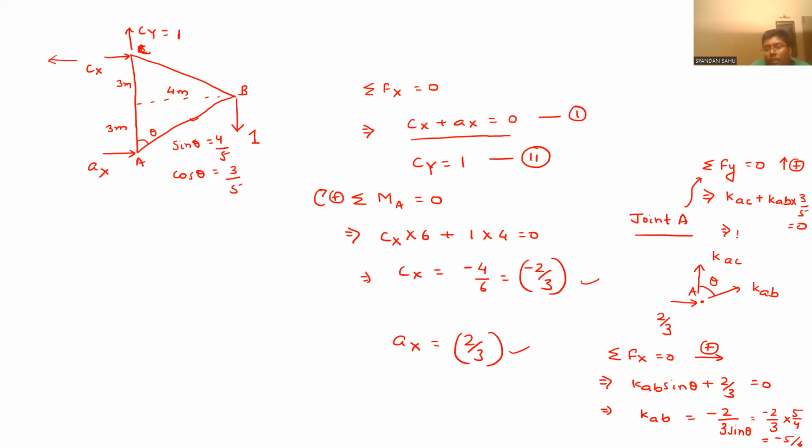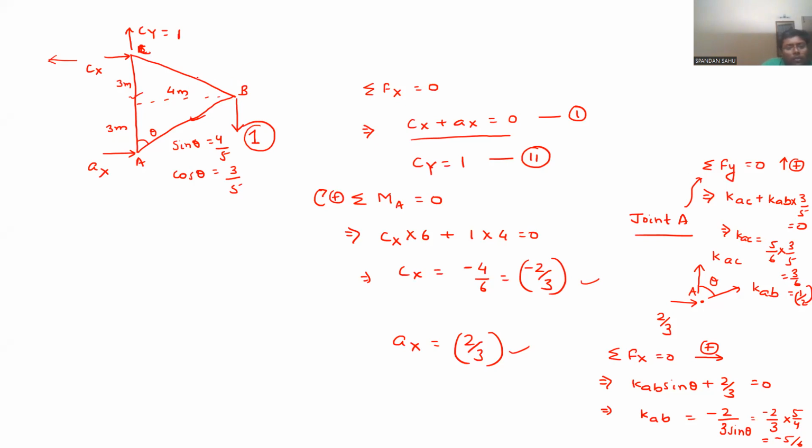From here you are getting KAC as minus KAB. Minus of minus 5 by 6 will be 5 by 6 into 3 by 5. So 3 by 6, that is half. So we got KAC member force and KAB member force due to this unit load.